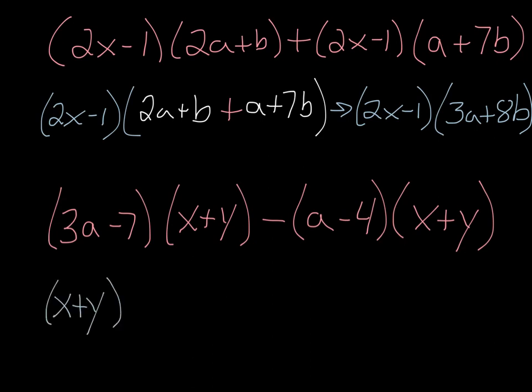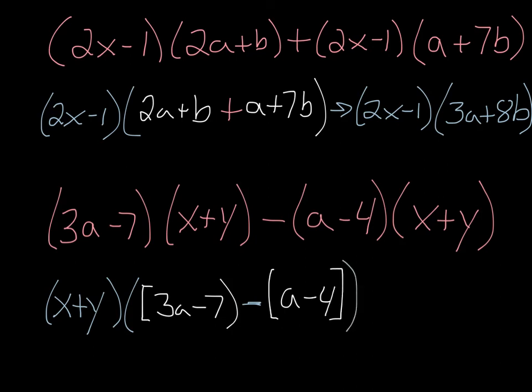Now what we have left over in the first term is 3a minus 7. And we're going to subtract now, and this is where you have to be very careful, an a minus 4.